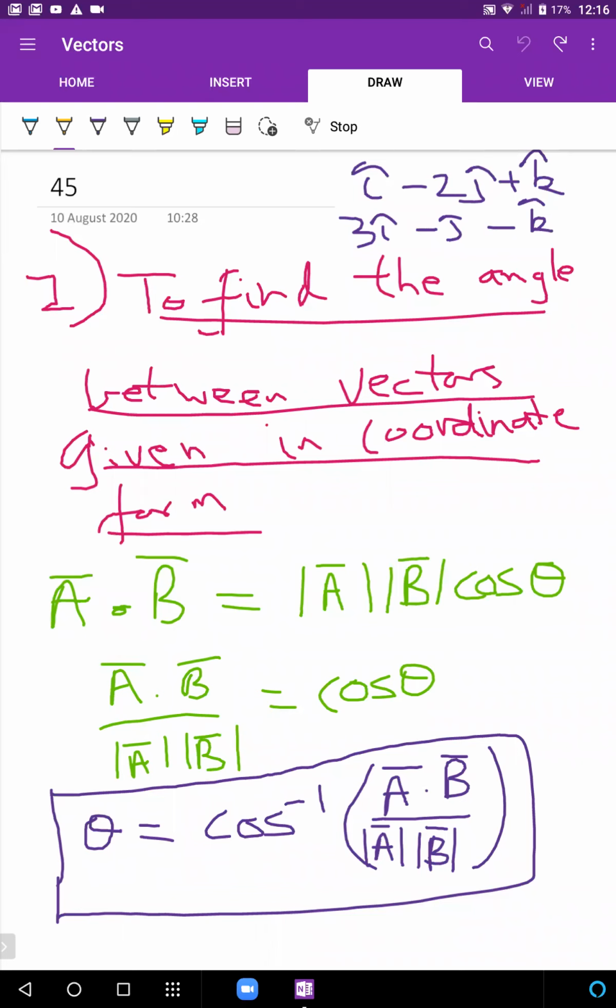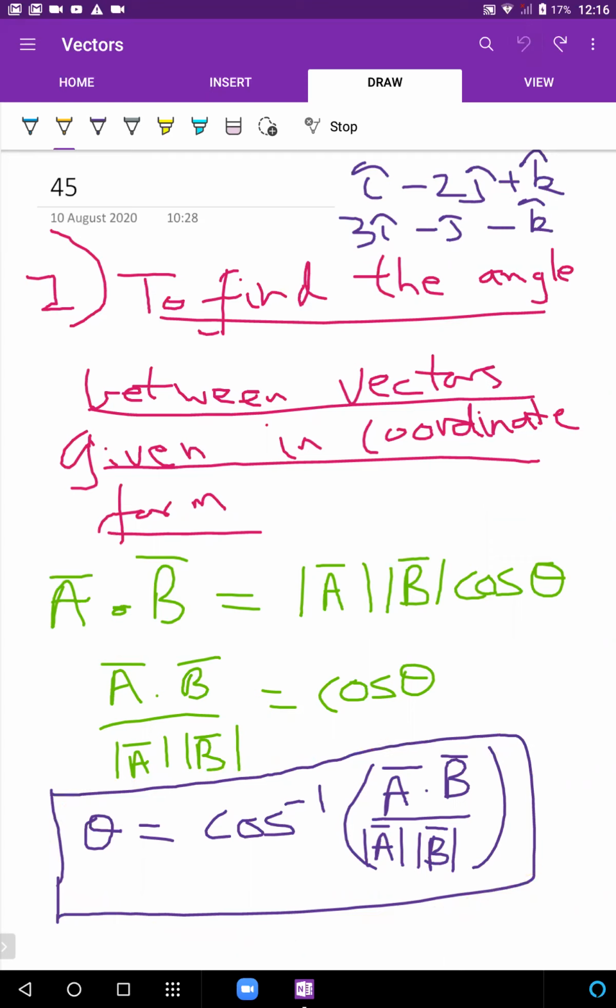If cos theta is that, what is theta? Theta is cos inverse of A bar dot B bar upon mod A bar mod B bar. It's very easy to derive this. Even if you forget, you can easily derive it in a line or two.